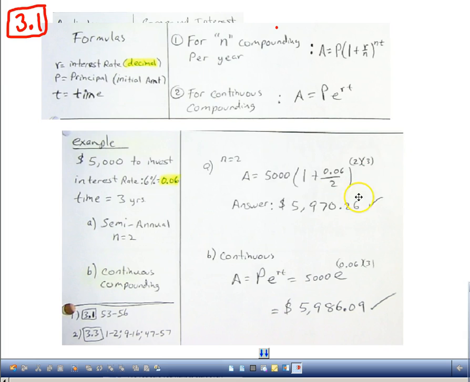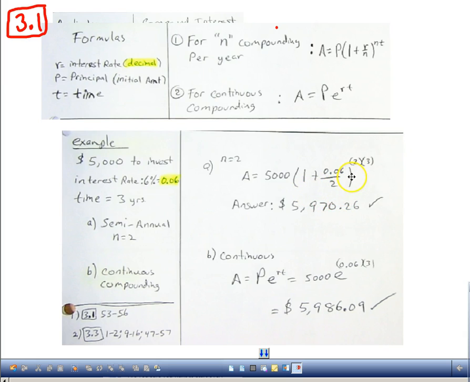All right, so then in the calculator, if you have like the most basic calculator possible, then I suggest you do it in the following order. You do 0.06 divided by 2, which is 0.03. Then you add the 1, you get 1.03.